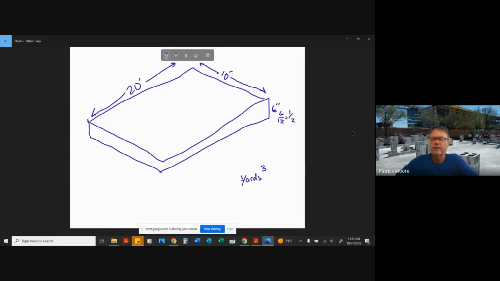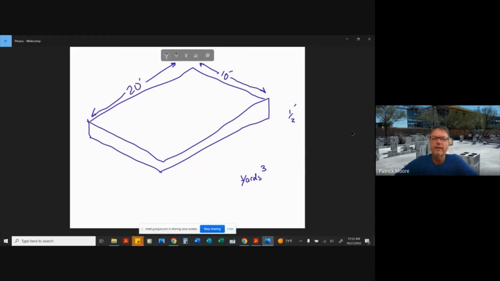I like to do this in fractions rather than decimals because fractions are exact and decimals, if you round them, then there's rounding error. Okay, so now instead of 6 inches, this is 1/2 of a foot. So now this is in feet, this is in feet, and this is in feet.